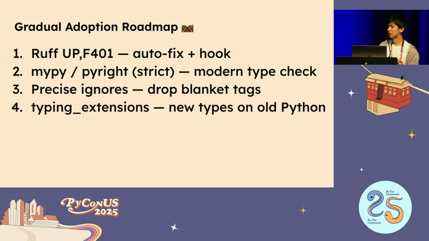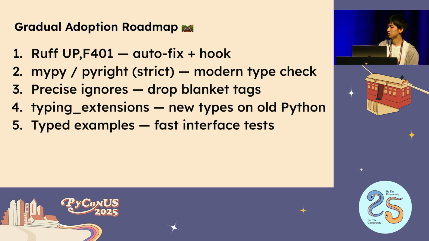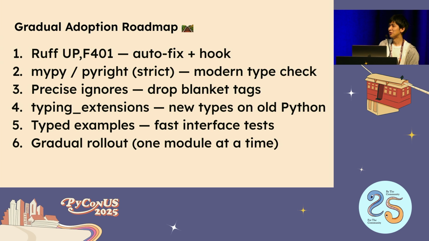And introduce typing_extensions to your project to change all the types to the new ones. Also, typed examples work fine, especially for a library. Maybe it's good for new joiners in your project. And I recommend a step-by-step, gradual rollout.